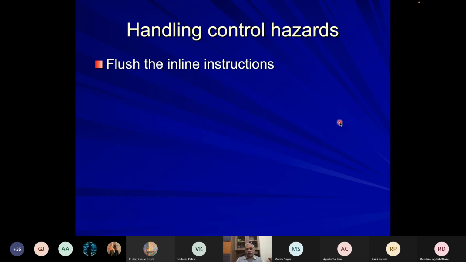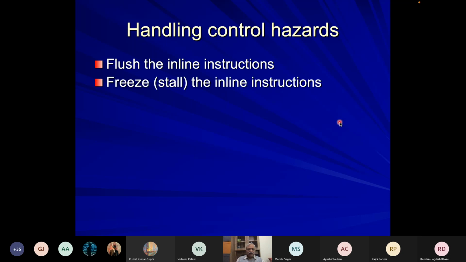Till then you don't look at anything. Other is, if an inline instruction has come into the pipeline, inline instruction means the instruction which follows the branch instruction, and target instruction is where you are trying to branch. You may freeze or stall the inline instruction. So you don't throw it away, but don't let it proceed further.